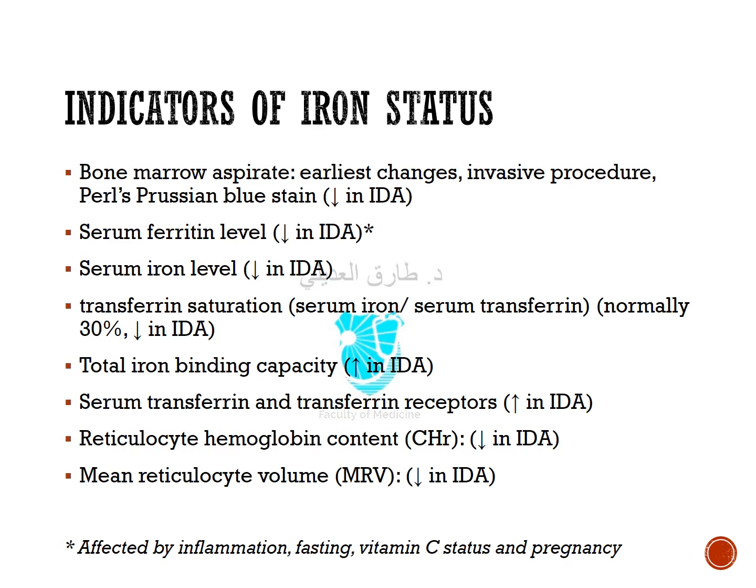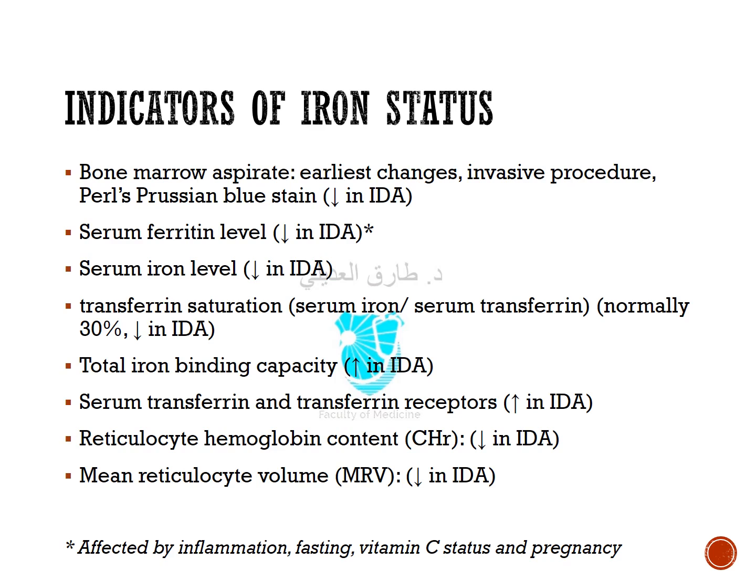The new tests, we have serum transferrin, that carries the iron, and we also have transferrin receptors. Both are synthesized in the liver and secreted in the serum. So when the patient has iron deficiency, the liver tries to compensate for it by synthesizing more transferrin and more transferrin receptors and secreting them into the blood to help other tissues to gain more iron.